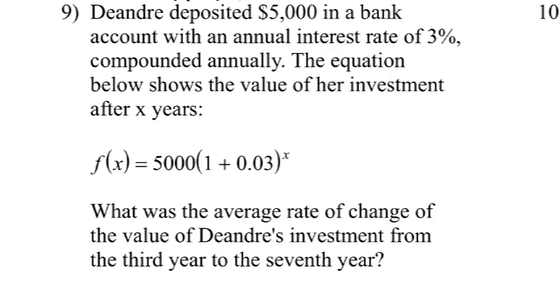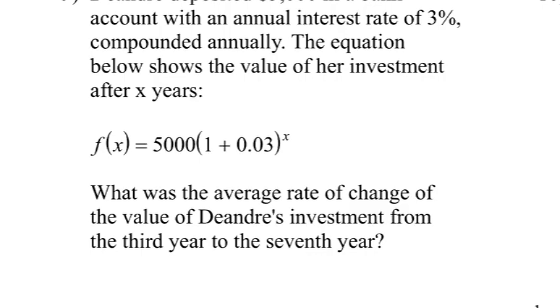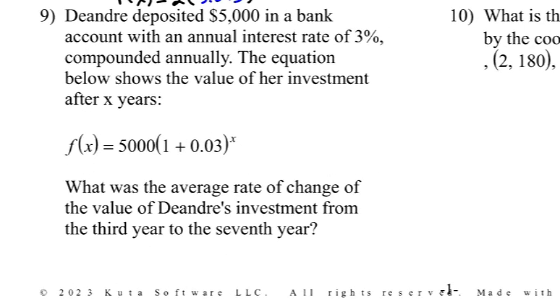What was the average rate of change of the value of DeAndre's investment from the 3rd year to the 7th year? So what we have to do here is we have to find f of 3, and we also have to find f of 7, but let's just do f of 3 first.